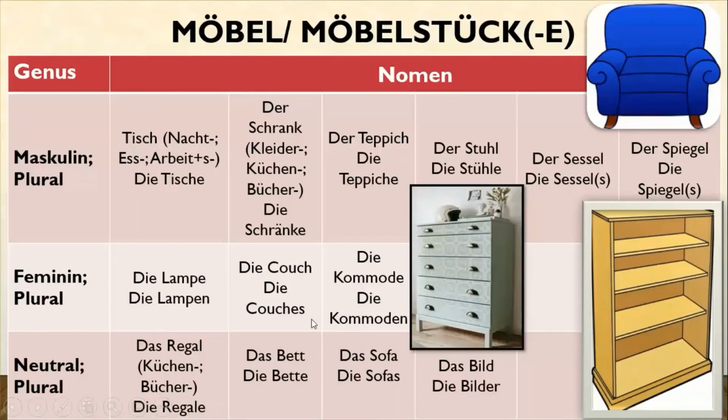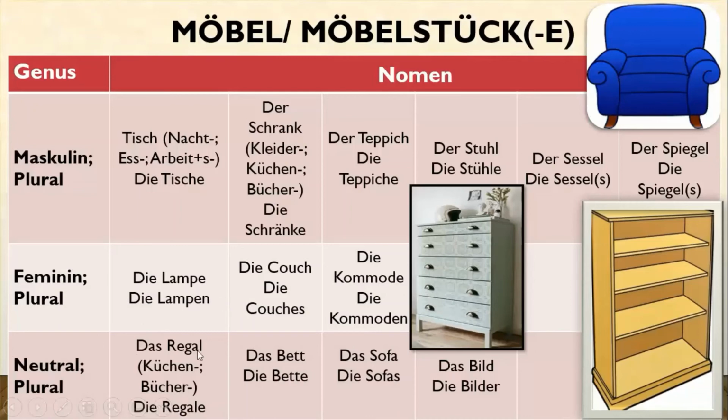Not only has the word been taken from the English language, but it is pronounced the same way as well. Just the plural will get an E and an S. Die Kommode, die Kommoden, which refers to this chest of drawers or the tall boy, as you might have heard in the English language.